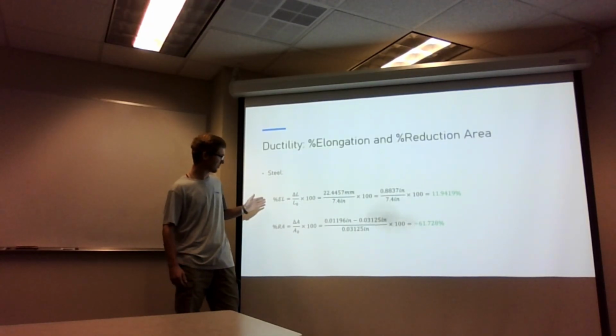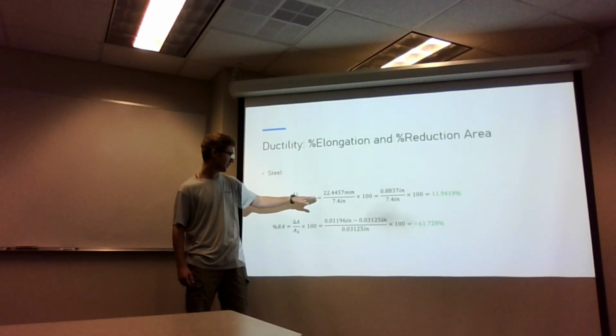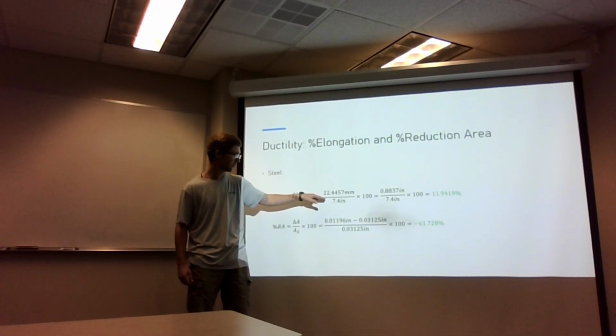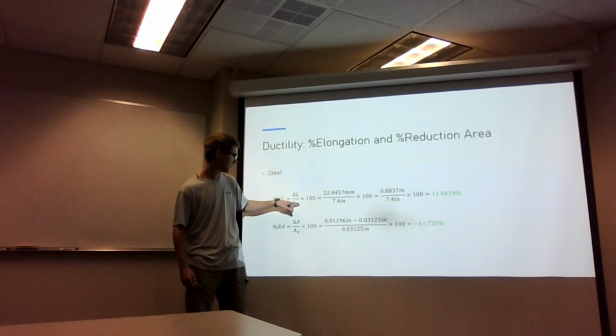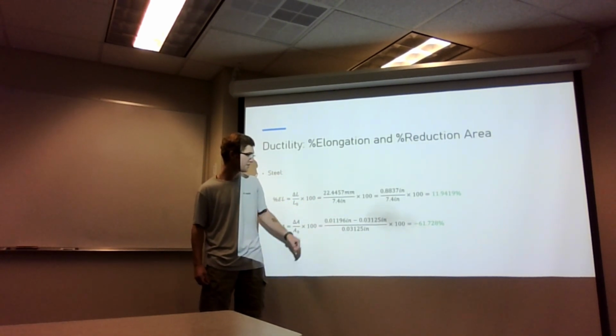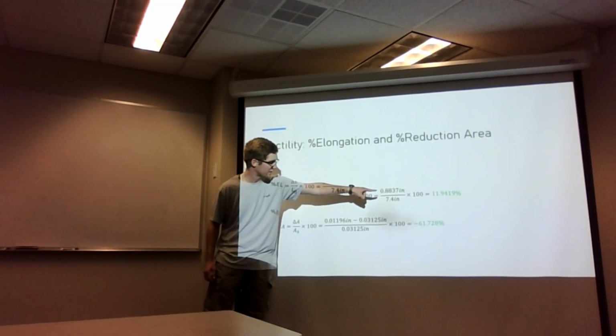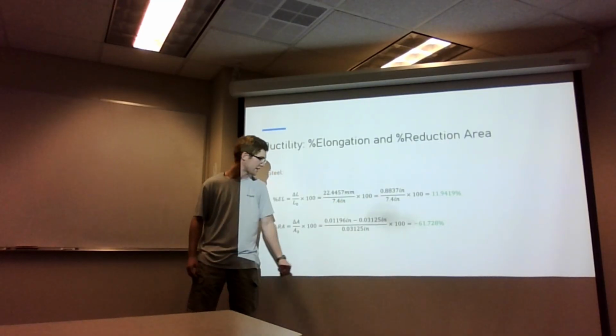Now, we did the exact same thing for steel, same thing for the percent elongation. It was measured in millimeters, had to convert it over, and we divided it by the initial length of the specimen, which was 7.4 inches again. Once you did the math, we got 11.9419%.